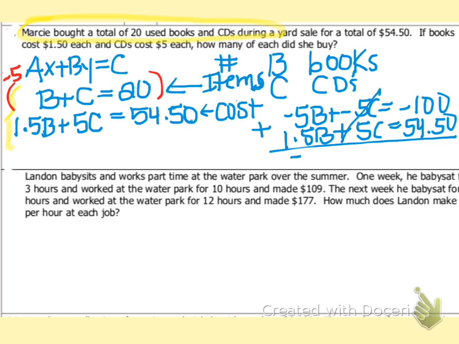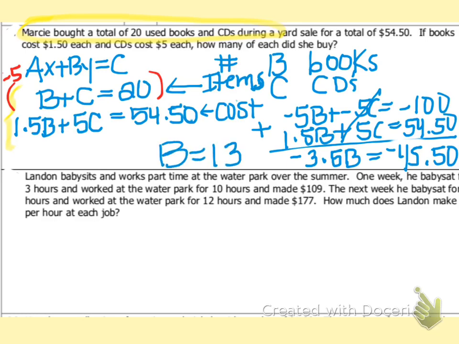I'm going to have -3.5b, and that's going to equal -4550. Then all I have to do is divide by -3.5, and that's going to tell me that B must be 13.